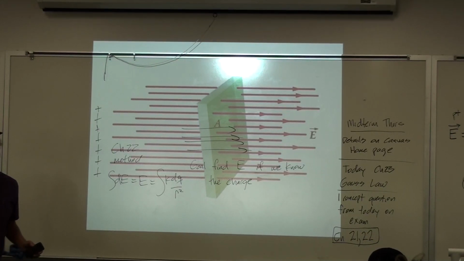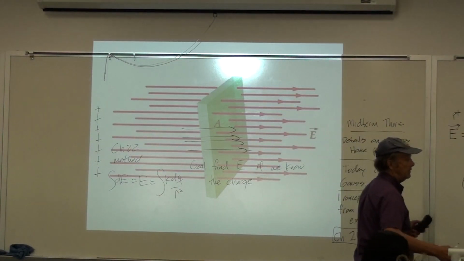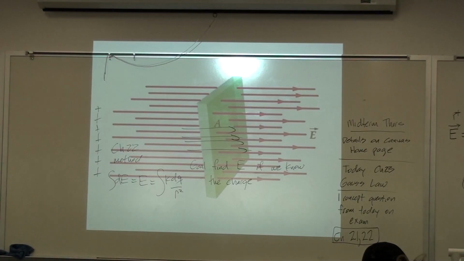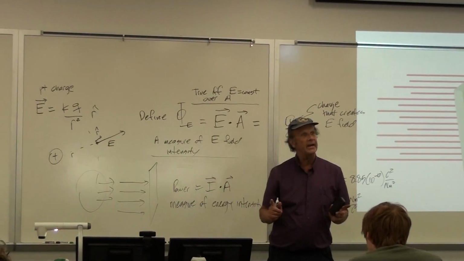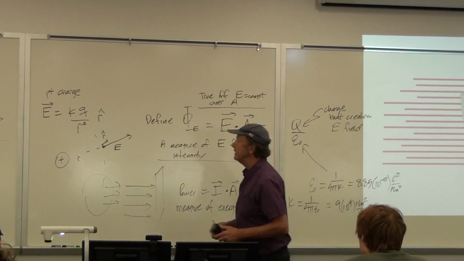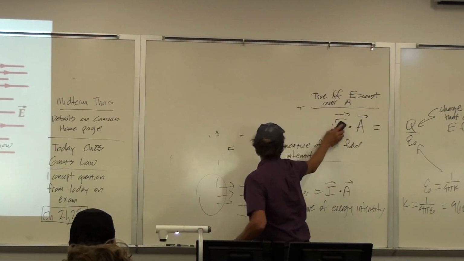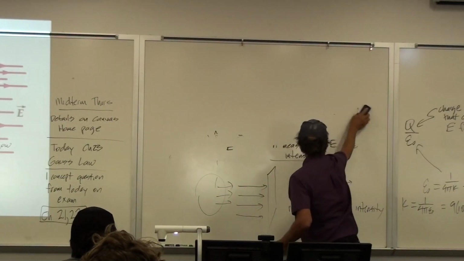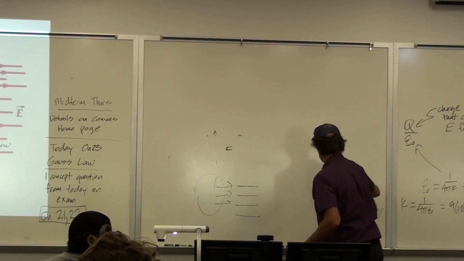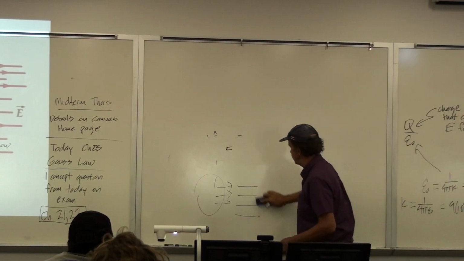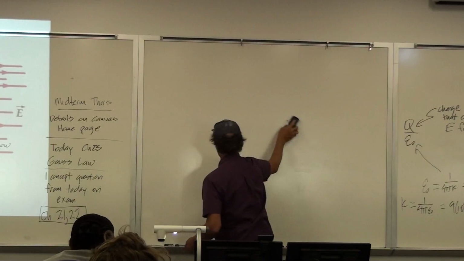We don't have to go through that huge, long rigmarole of integrations and figuring out the charge as a function of distance and which components add and cancel. All of that stuff, we can forget about, and we can solve the problem in one step using Gauss's law. So Gauss's law is considered to be one of what we call Maxwell's equations, which are the fundamental equations that govern the principles of electricity and magnetism.